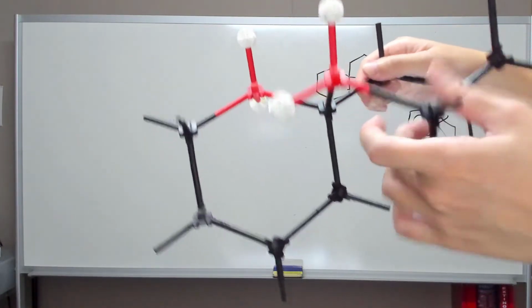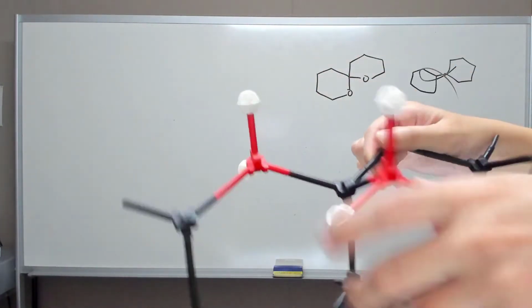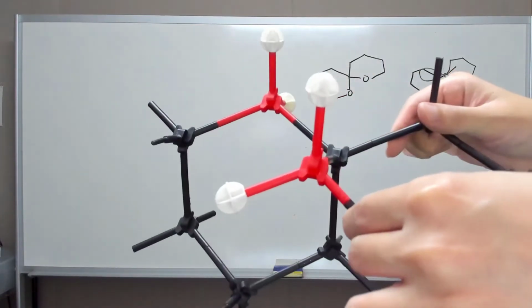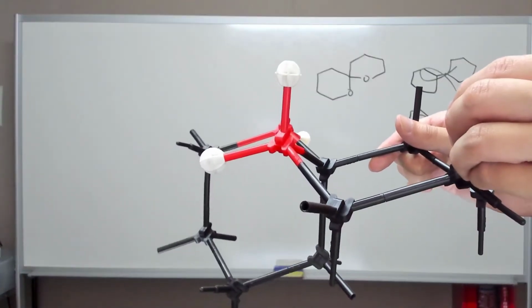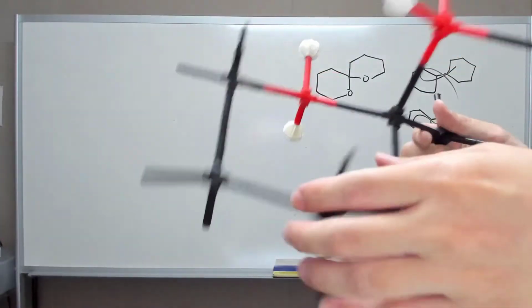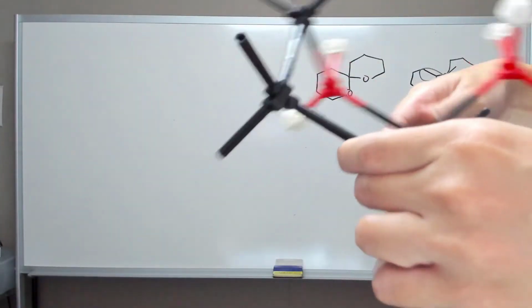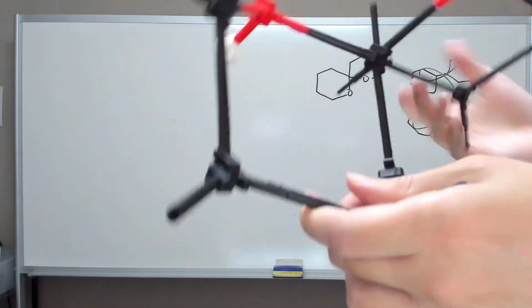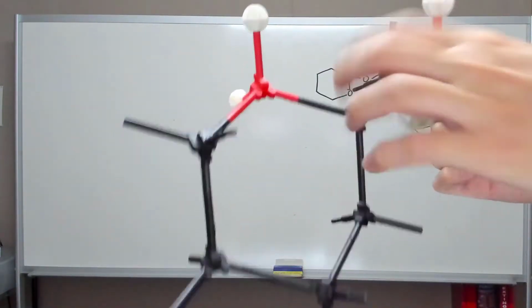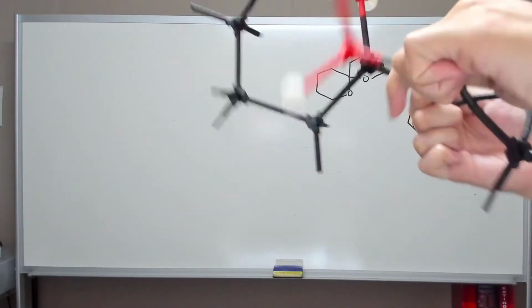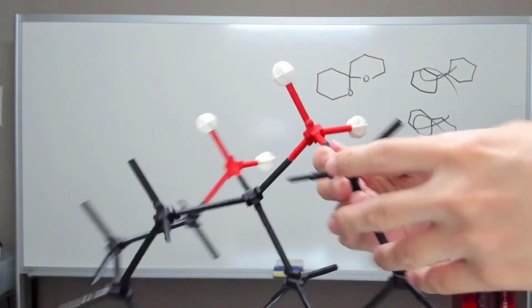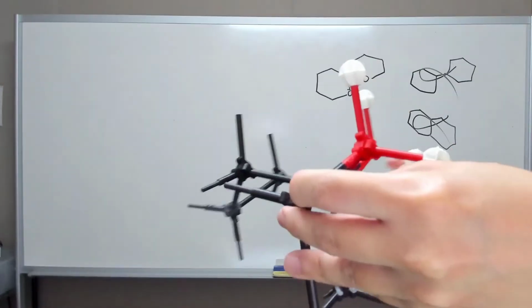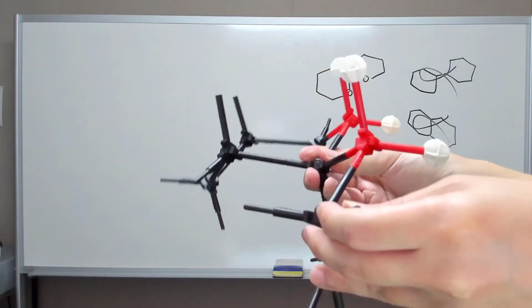Can you see that now the lone pairs of electrons are directly facing each other? Then I'm going to do another ring flip. In this particular ring flip, you will notice that the lone pairs of electrons are directly facing each other. Can you see? They are now facing each other.